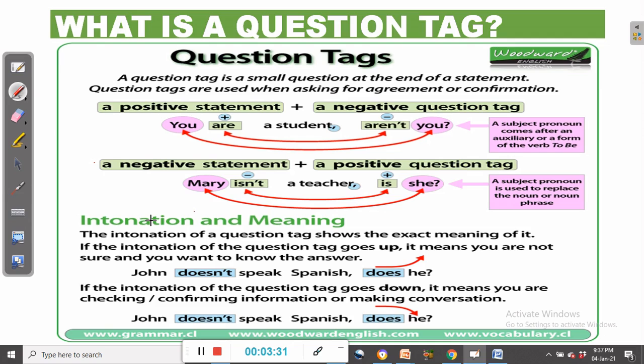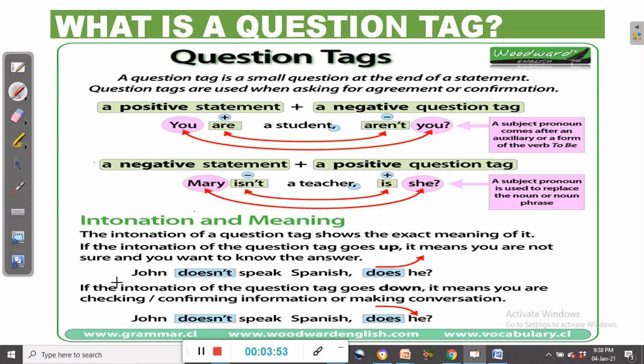So you can see that the tone goes up, and that means there is no certainty, you are not sure, and so you really want to know the answer from the listener or the addressee.